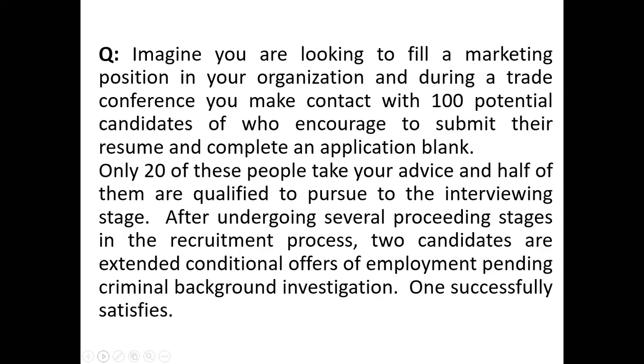It might ask you, what is your yield ratio of conditional offers to resumes submitted? It's always relative to what the question is. And then that tells you what to do with the information that you're being shared with. But let's now actually go and tackle this scenario.